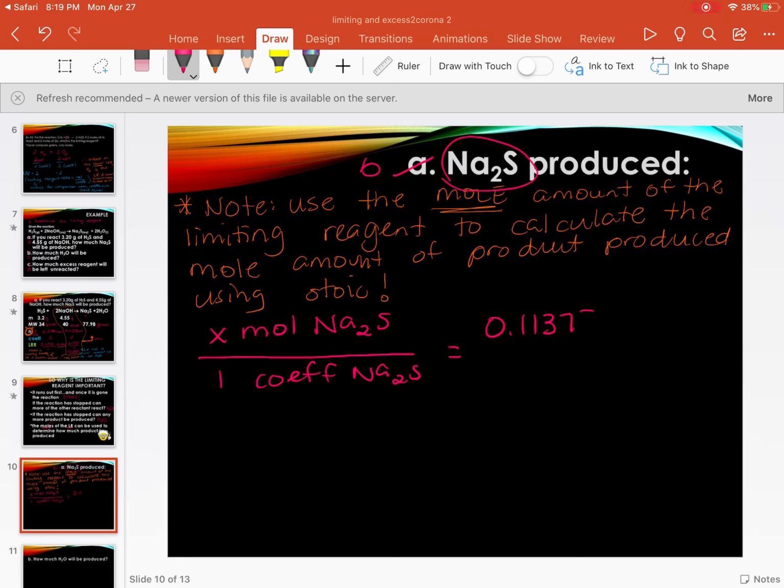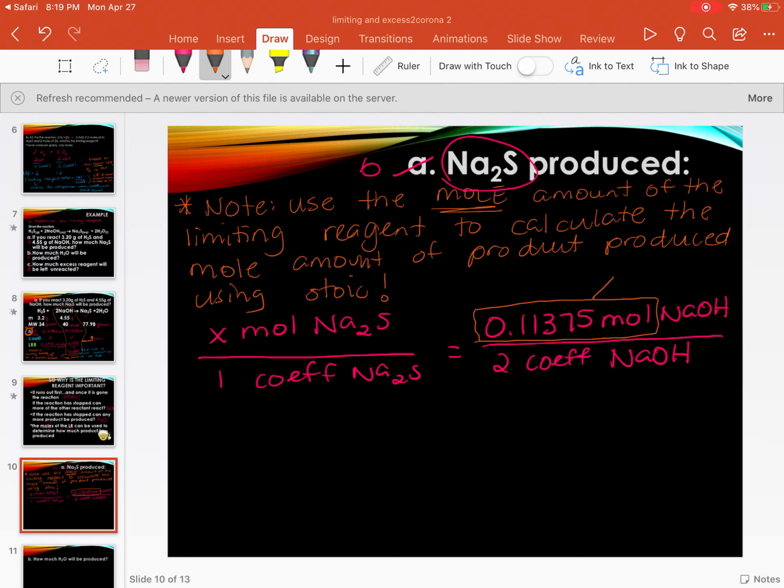We have 0.11375. That is from the mole line. Okay. So again, cross multiply or decide however you like to solve this ratio.